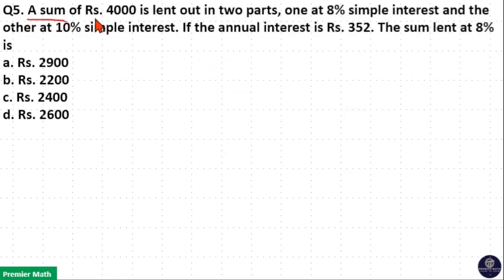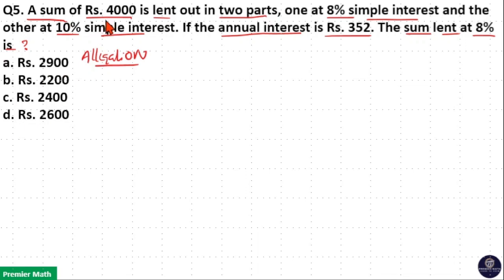A sum of rupees 4,000 is lent out in 2 parts, one at 8% simple interest and the other at 10% simple interest. If the annual interest is rupees 352, the sum lent at 8% is. Here, allocation is the best method for these types of problems.